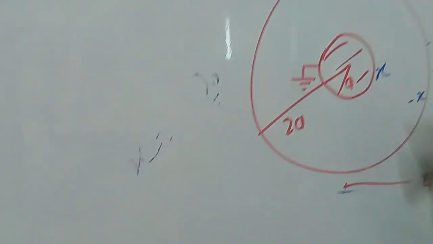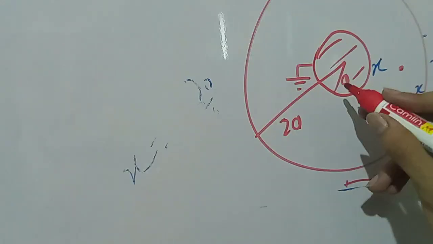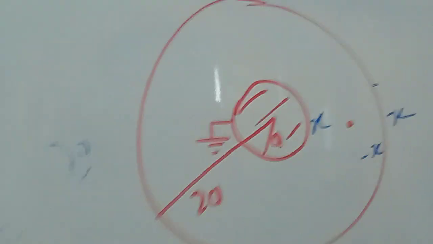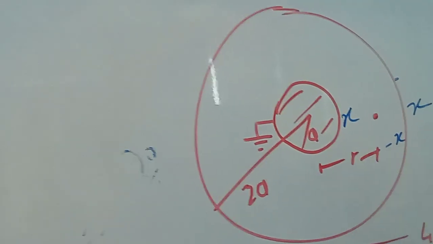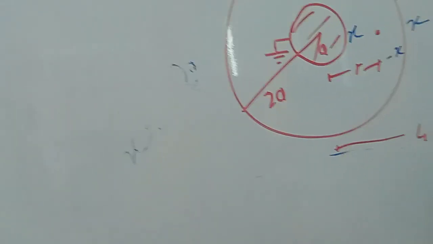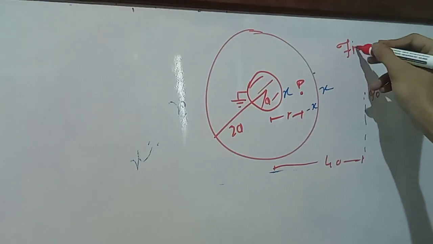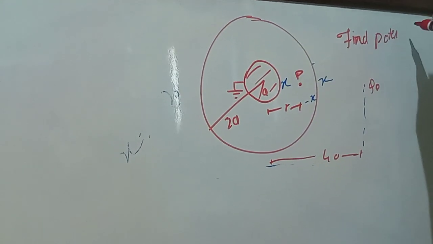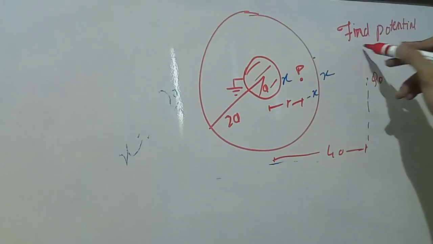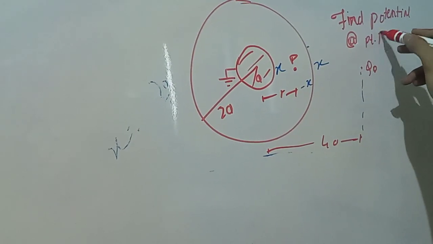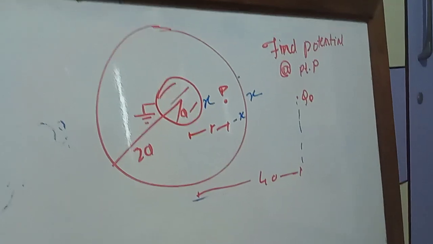Alright, so P is now a point which is r from the center, on the line joining this, at distance r from the center, and it's this. Yes, this is our new question. Find the potential at point P. Alright, so you solve this.